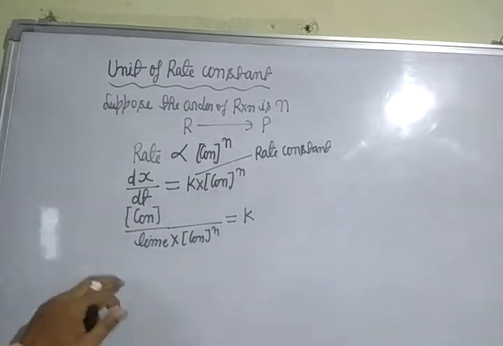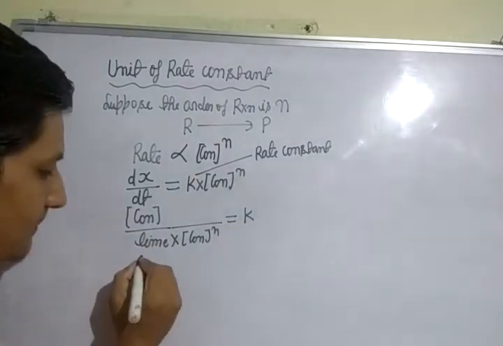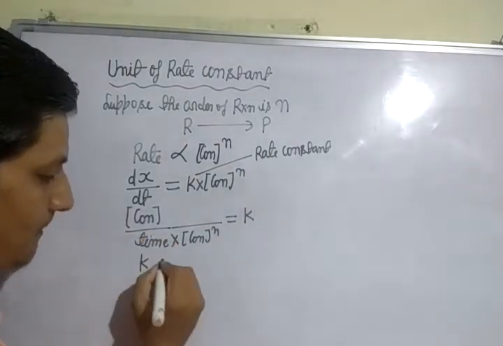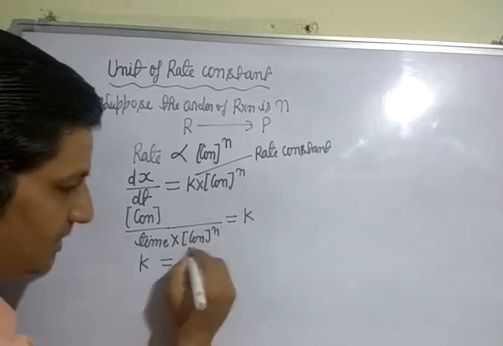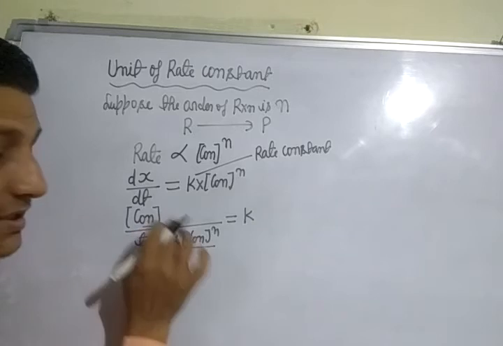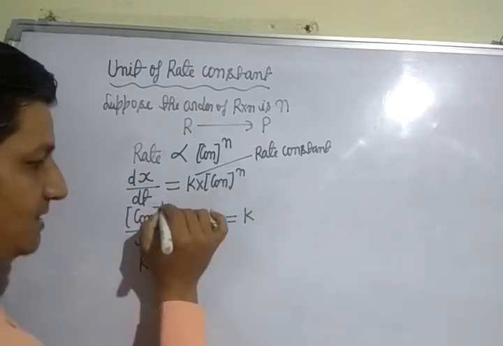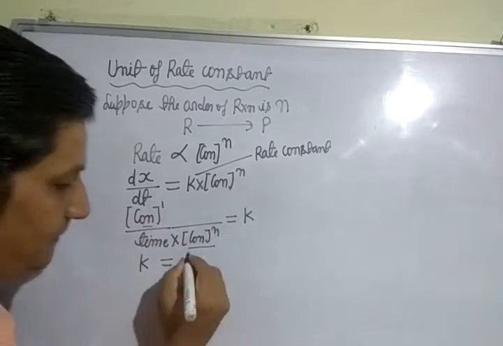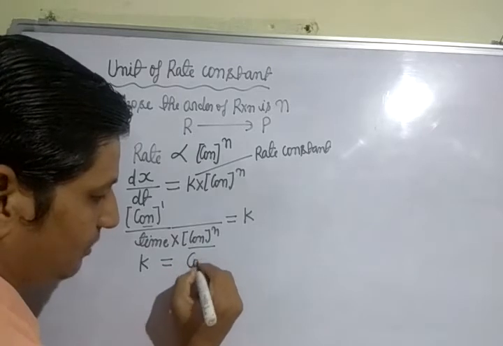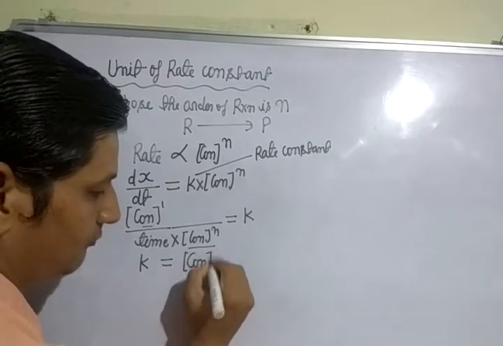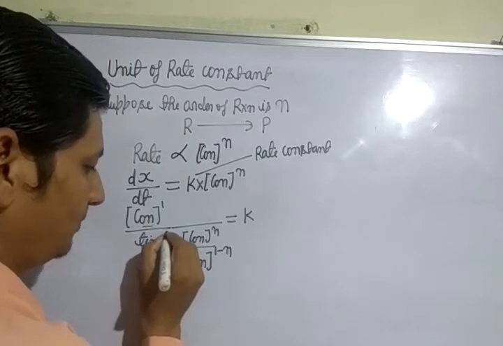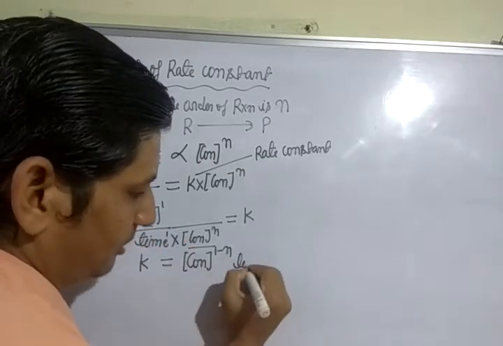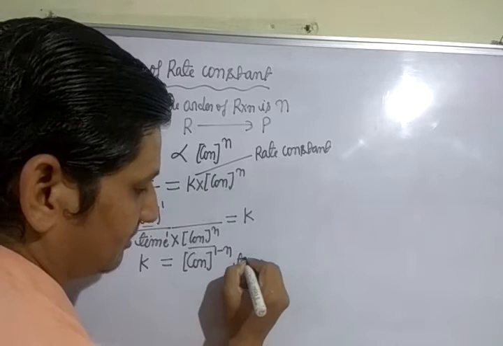Okay students, after this we get K is equal to concentration divided by concentration to the power n. When bases are same, then in division powers are subtracted. Power is here 1 and here is power n. So we can write K is equal to concentration to the power 1 minus n and time to the power 1, and in numerator it becomes time inverse.